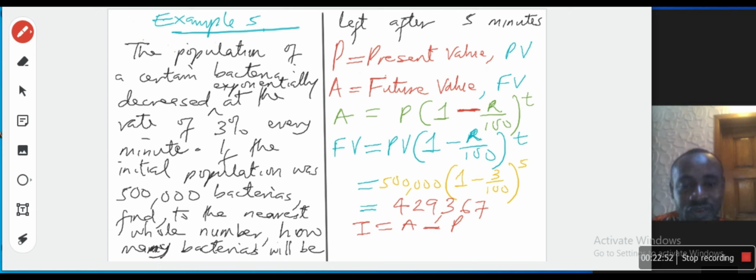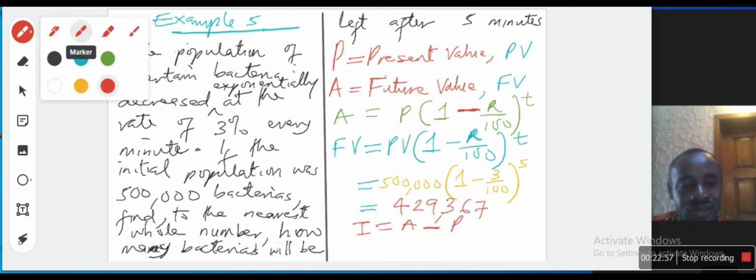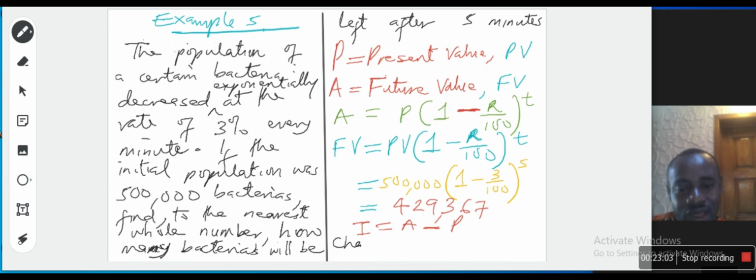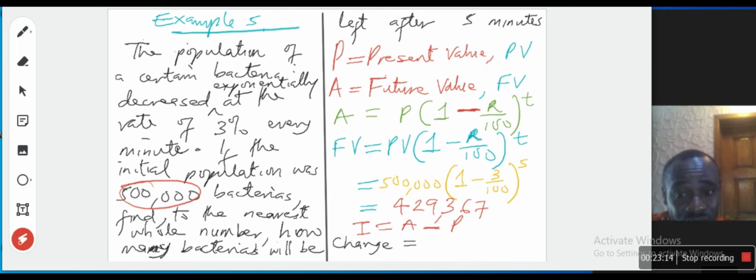So what can I call that? Change, if you like. The change will be what it was initially minus what it is now. The difference between what it was initially and what it is now, I can just call that difference.